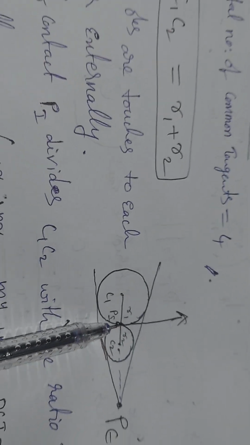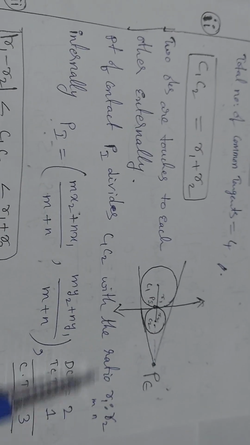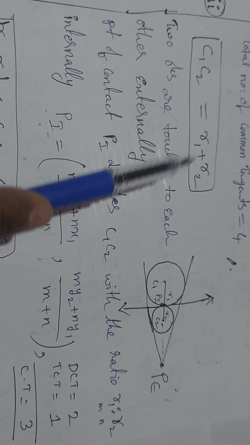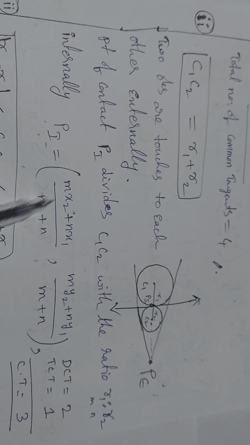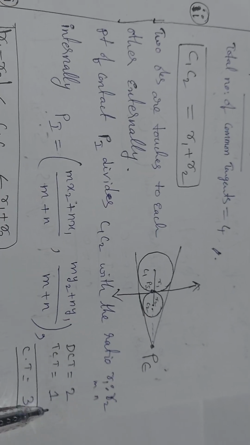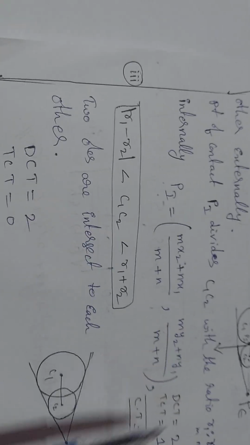So the point of contact divides internally, though the circles touch externally. So the plus formula. So DCT 2, TCT 1, total common tangents is 3.